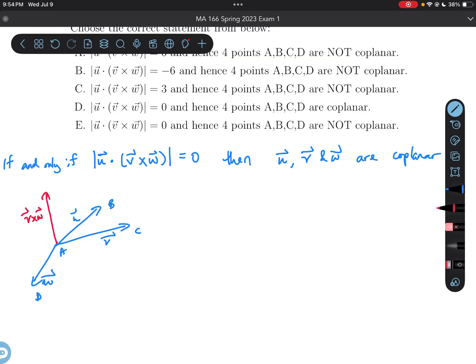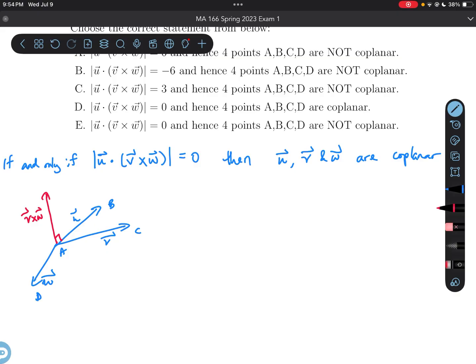If the dot product of V cross W and U is 0, that means that the angle here would be a right angle.